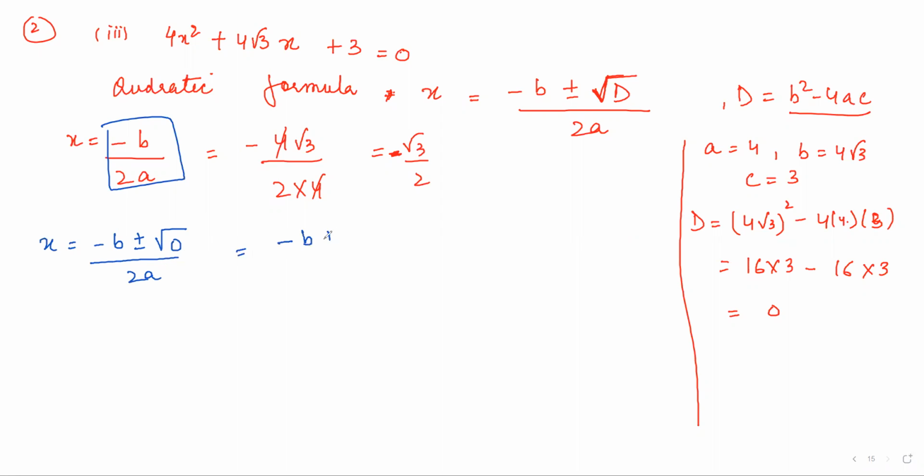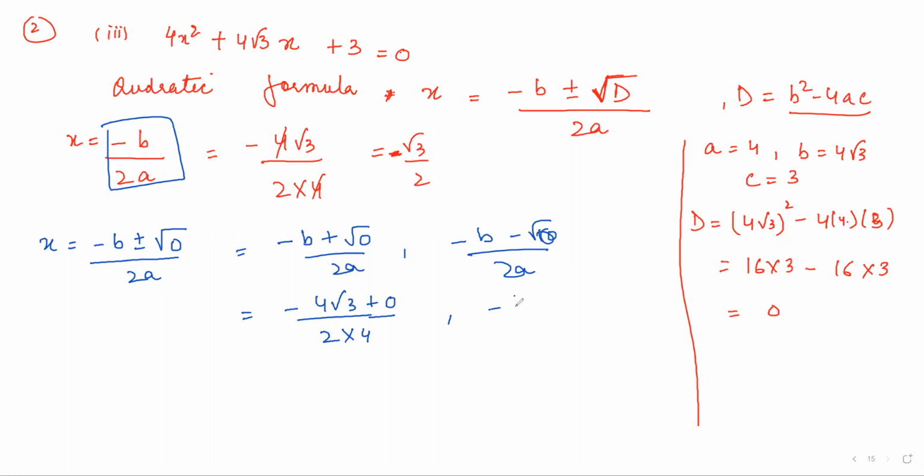One is minus b plus under root of 0 by 2a and the other is minus b minus under root of 0 by 2a. Clear? So one root will be minus of b, means minus 4 root 3, plus 0 obviously, divided by 2 into 4, right? And the other is minus of b, so minus 4 root 3 and then minus 0, again divided by 2 into 4.